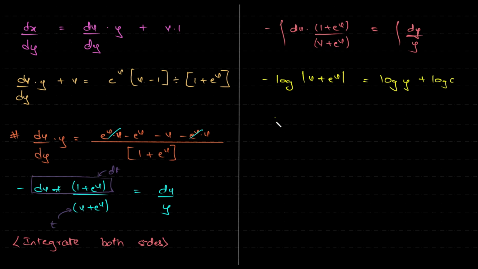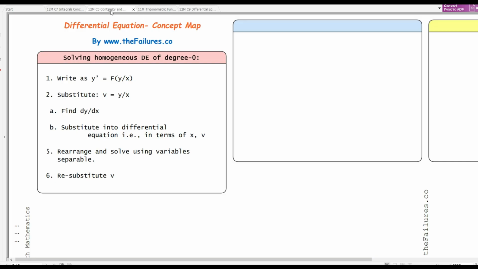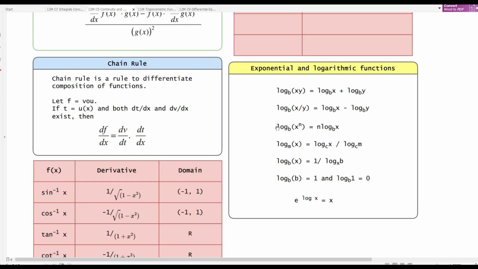Okay, so we have log of 1 by v plus e to the power of v. I'm using the negative. Okay guys, and this is log of y into c, right? So making use of the negative sign, and so this becomes inverse. So this is to do with this particular property.